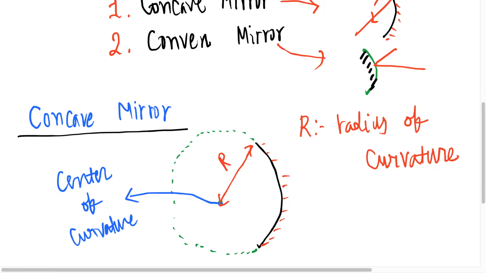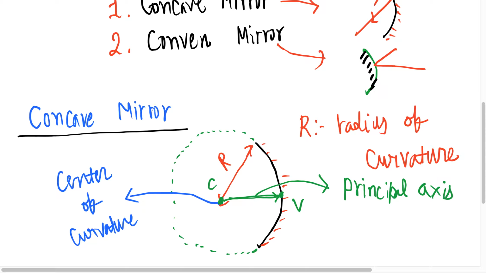Now, given this spherical mirror, I have the center of this section, the section which has been cut. I call this point V, and suppose the center of curvature is C, then this line from C to V is called the principal axis.